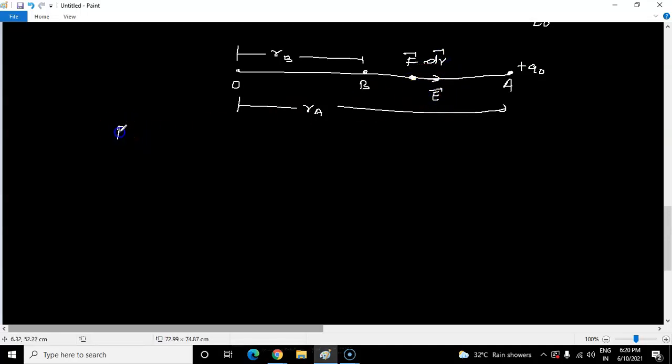So F is equal to charge into electric field, Q naught into E, right? So what will be the work done here? Work done is equal to F into dr, right? This one is going against, so I can write minus F into dr, and if we put the value, you can write minus Q naught into E into dr.